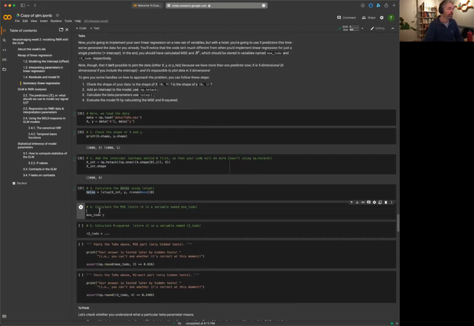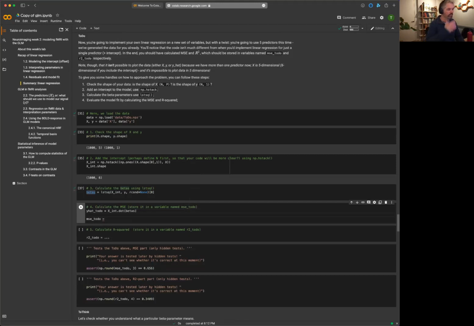First, what is the squared error? Well, that is xint dotted with the betas. Remember, that is y hat, right? And well, let's first call that y_hat_todo. I'm typing too much. I hate that. So we have our xint dotted with the betas.